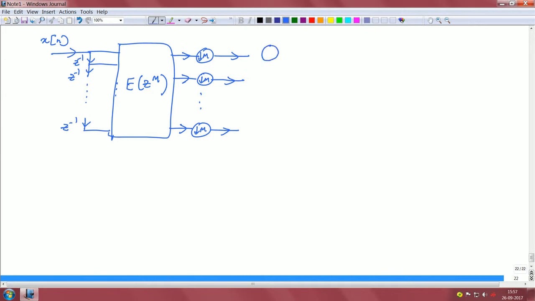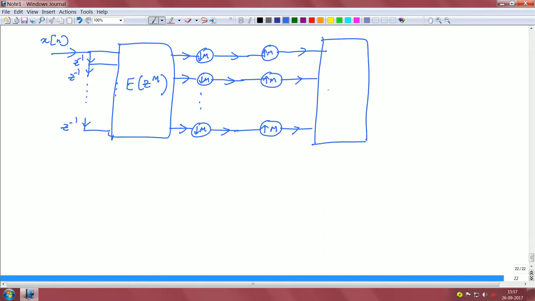Then we have upsamplers, followed by synthesis filters in type 2 representation, and our reconstructed signal.